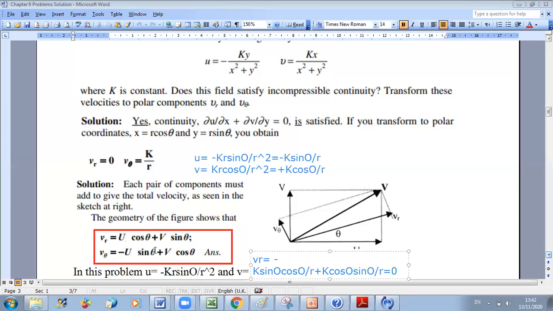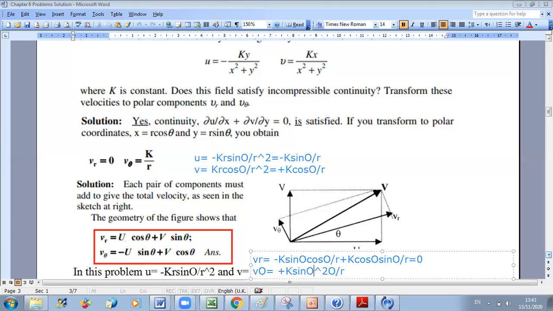Now to get V_theta, I do the same thing. I replace in the formula. So for V_theta, it's equal to minus U sine theta. So it's minus, and look, U is negative and I multiply by minus U sine theta, so it becomes plus k sine squared theta over r.